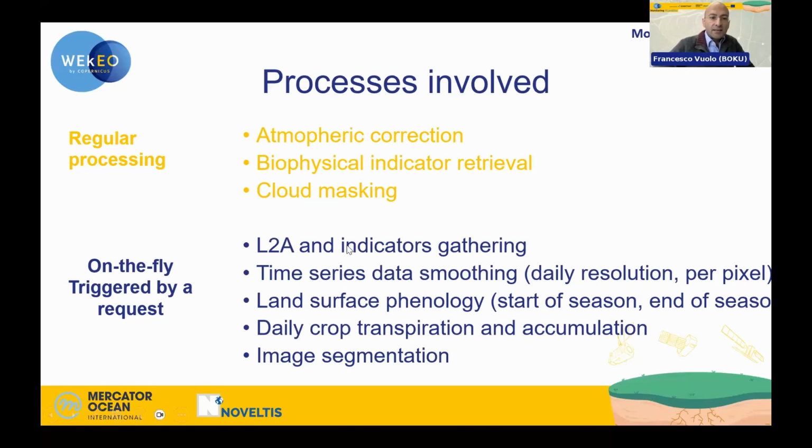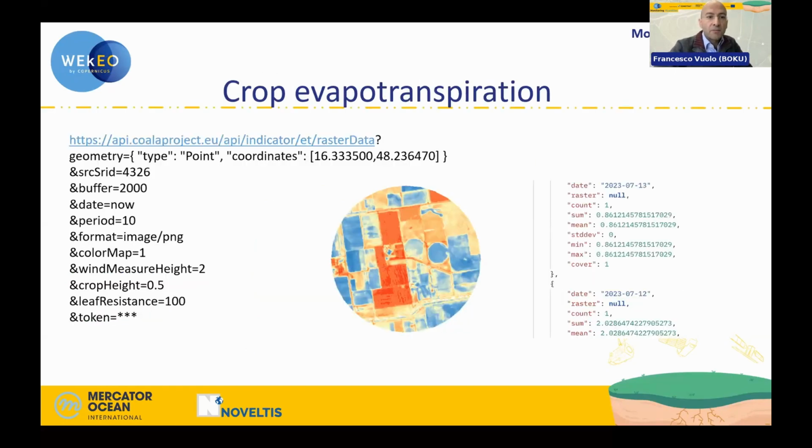Then we get the data. This is an on-the-fly process when a farmer is triggering the request. The data smoothing is also done on the fly, the phenology, the transpiration, and then the image segmentation. Of course, this has all to happen in a few seconds. To get such a process, you probably need less than a minute to obtain your map.